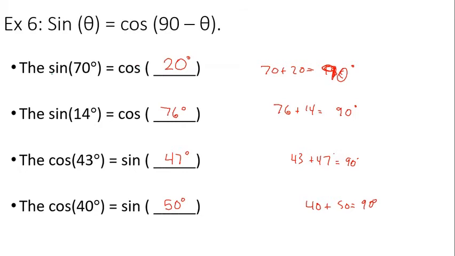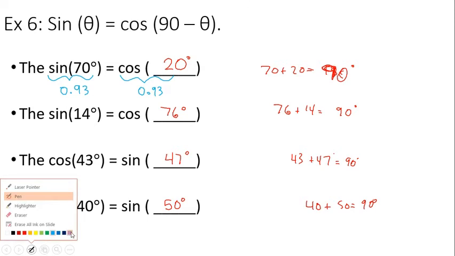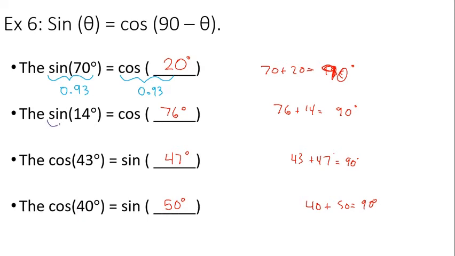Okay, so sine of 70 gives me 0.93. Same thing with cosine of 20, this is 0.93. Next one, sine of 14 is 0.24. Same thing, cosine of 76 is 0.24.